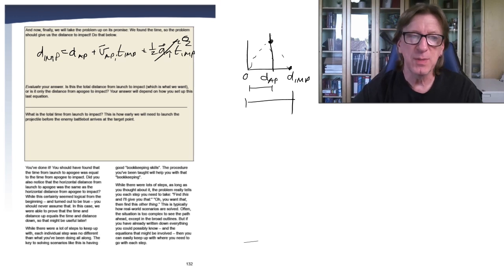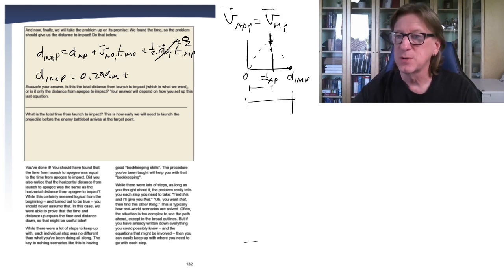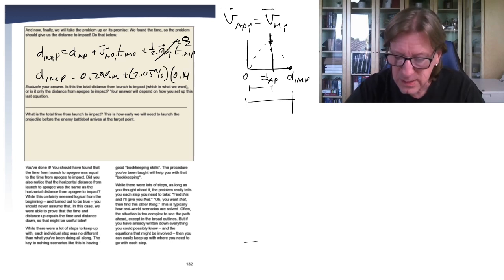So now we come back and we get that D impact is equal to D apogee, look on the previous page, it was 0.299 meters, plus V apogee. Remember that V apogee in the horizontal direction is equal to our initial velocity in the horizontal direction because there was no acceleration. It was staying the same. And so that we decided was 2.05 meters per second times our time to impact, which was 0.146 seconds.